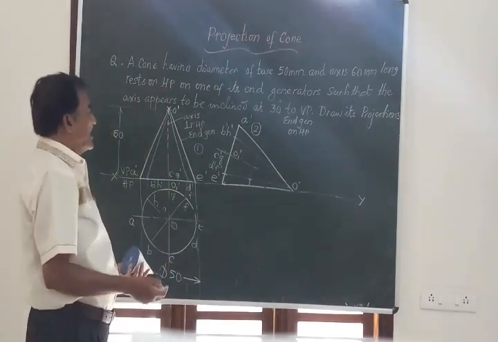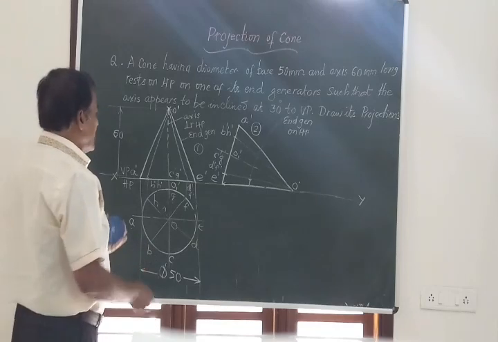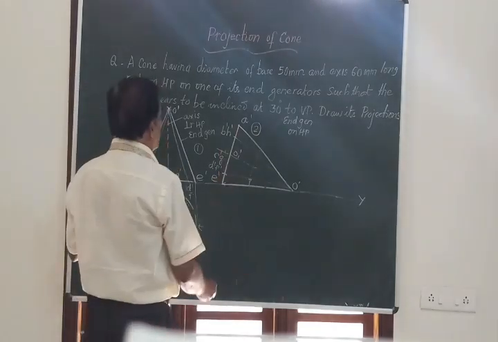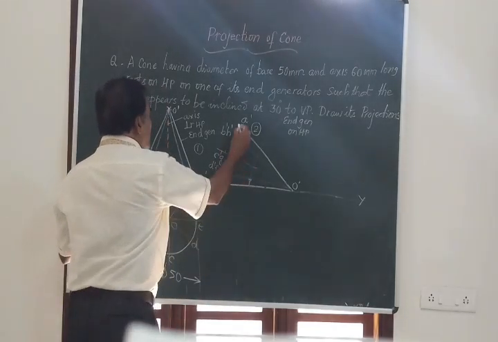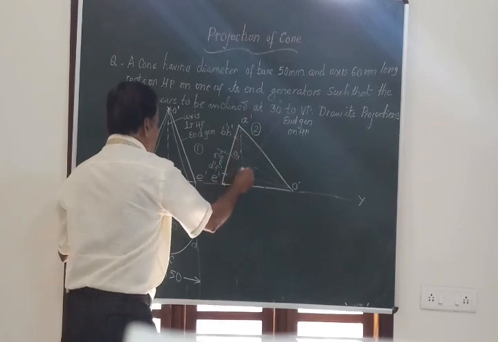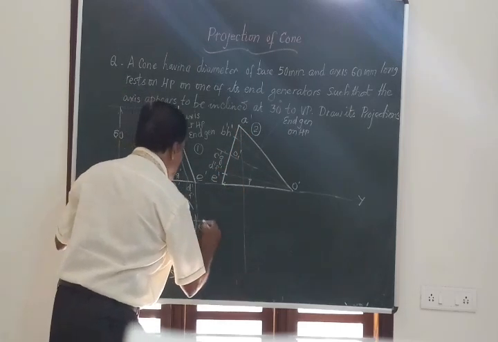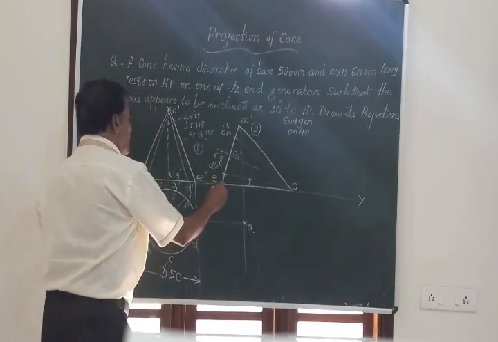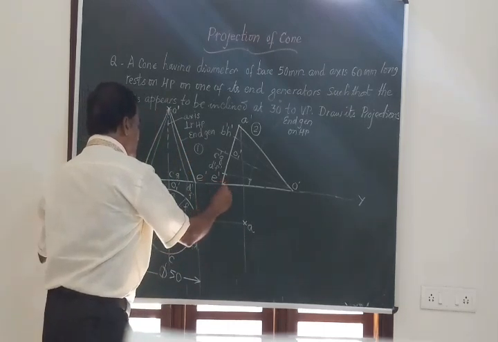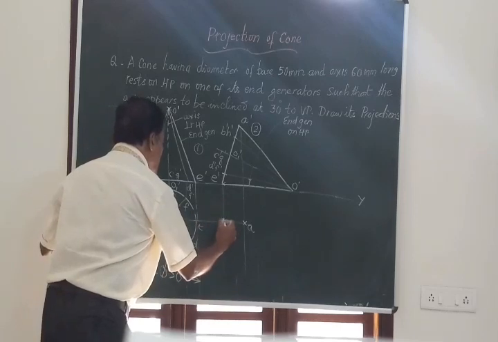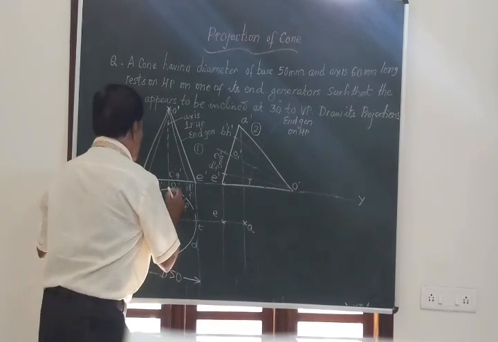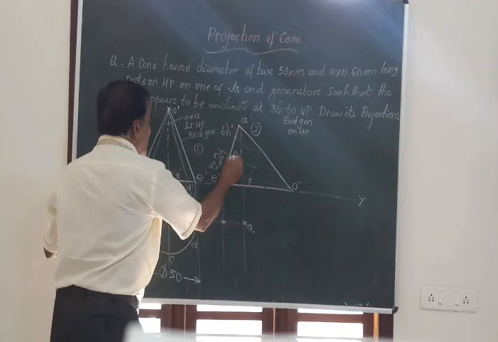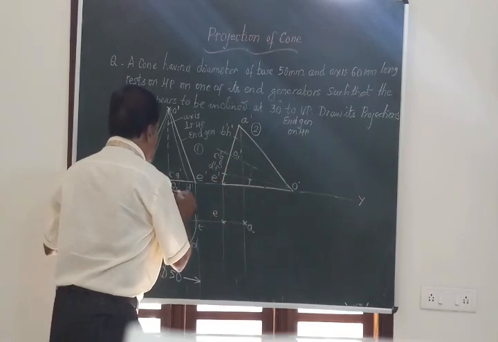So let's see how to get the top view of the solid. Let's get the points one by one and mark them. Look here, a vertical line from A, a horizontal line from A. The point of intersection is A. Like the end point, a vertical line from E, a horizontal line from E. This point is E. This is G, a vertical line from here, it will come exactly in the center.